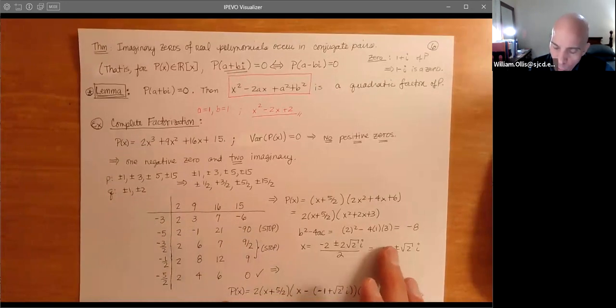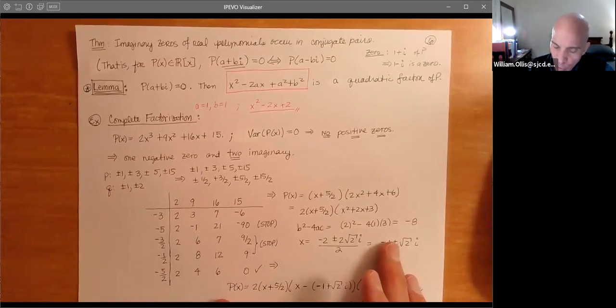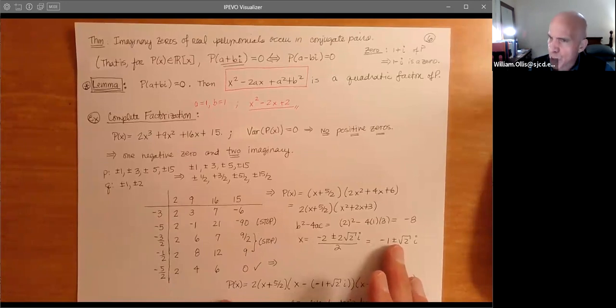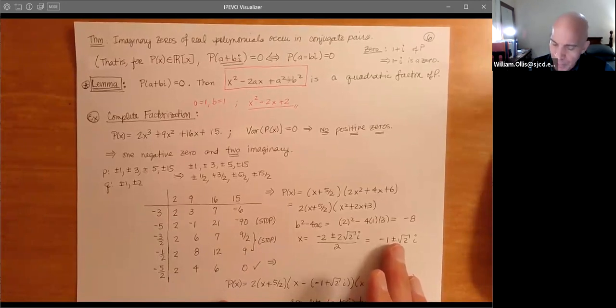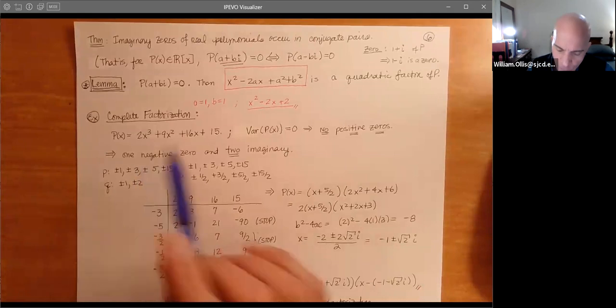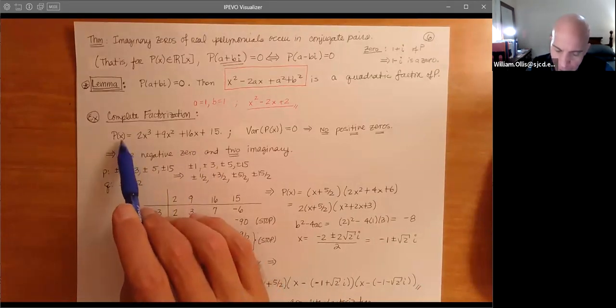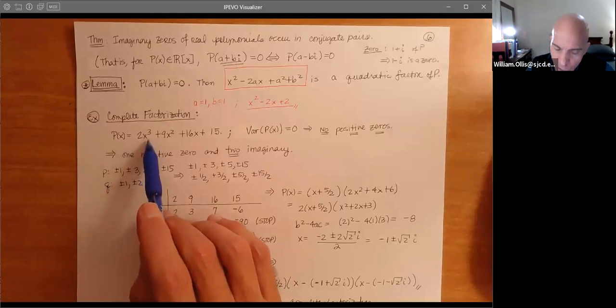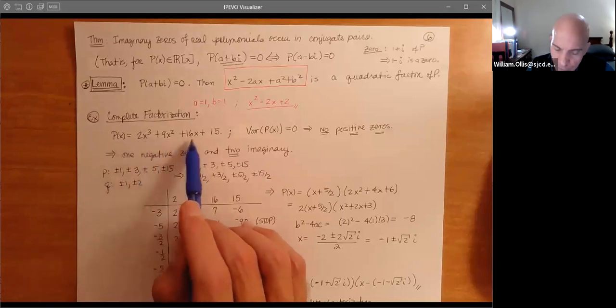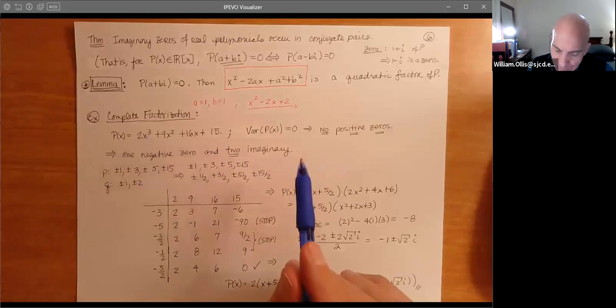Now, what I looked at with this particular problem is I thought it was kind of interesting. It was a cubic polynomial with some interesting coefficients. So if you look at this, we've got P of x equals 2x cubed plus 9x squared plus 16x plus 15.